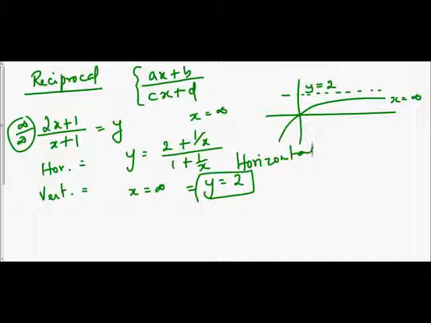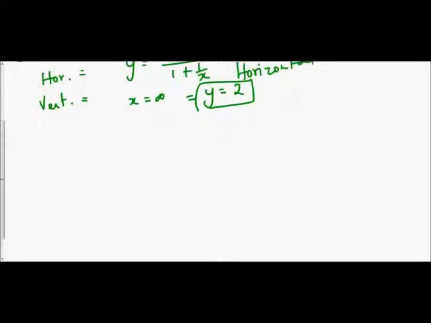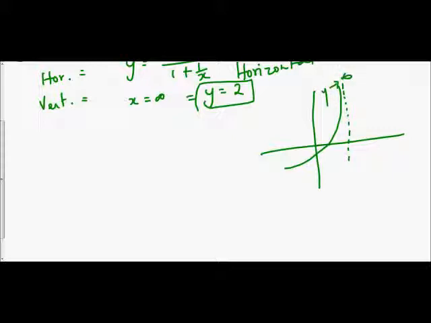So what about the vertical asymptote? A few minutes before I said a vertical asymptote is when y is infinity. So if you have y equals 2x plus 1 over x plus 1, this y becomes infinity when the denominator is 0.